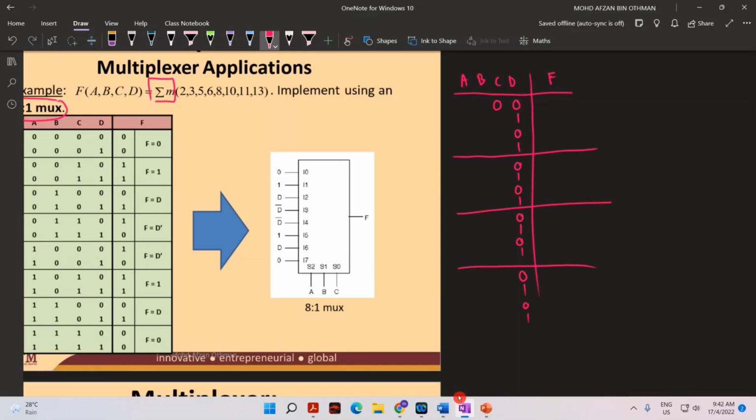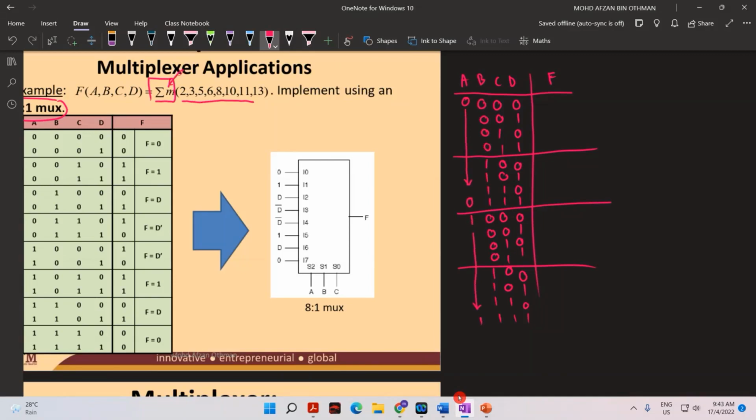Jadi column A is 0000 1111..., and this one here from here to here is 0, and from here down to here is 1. Okay, dia dah bagi kat sini min term.